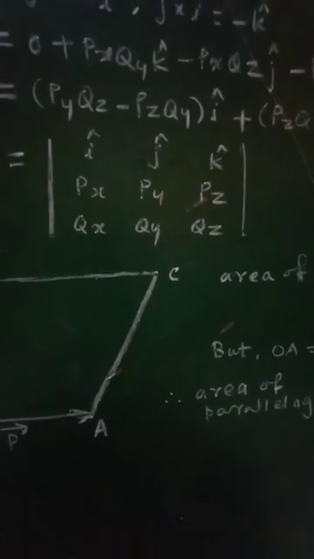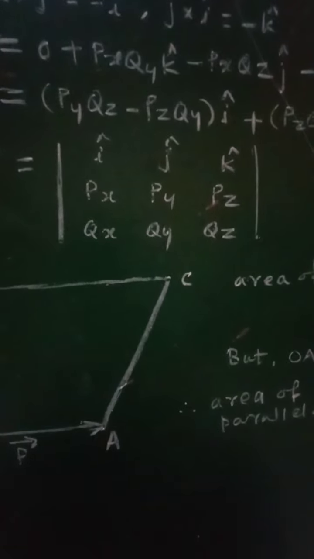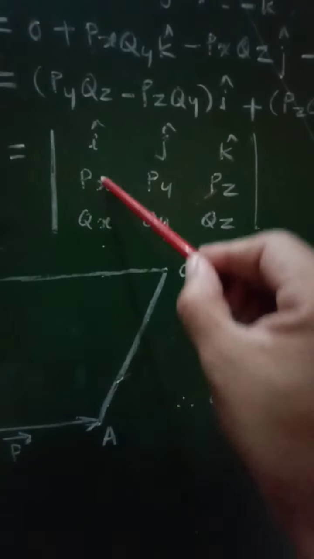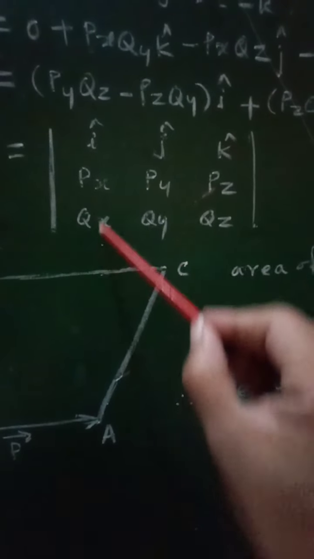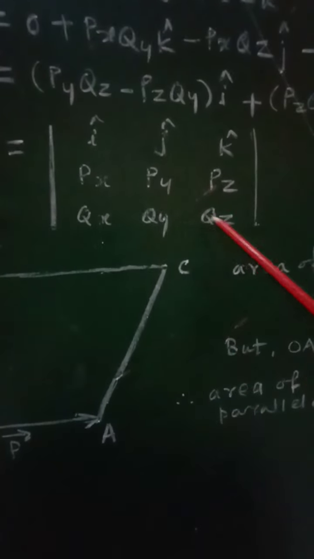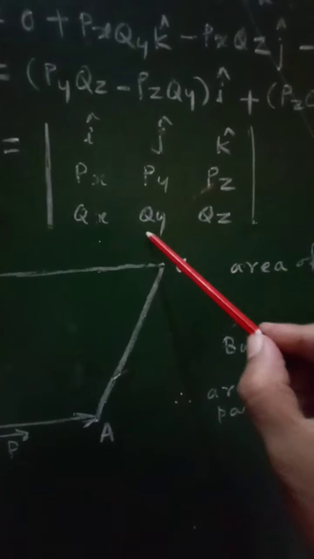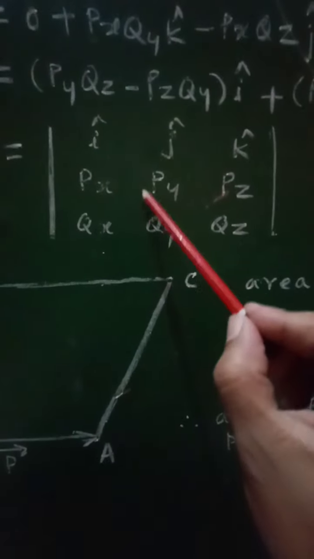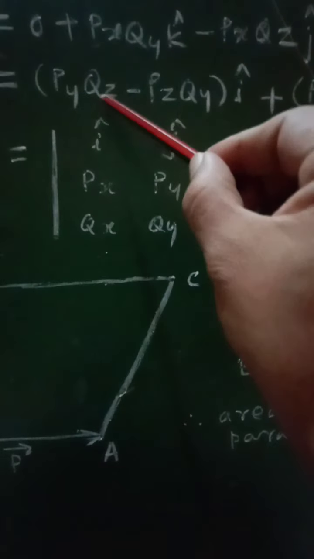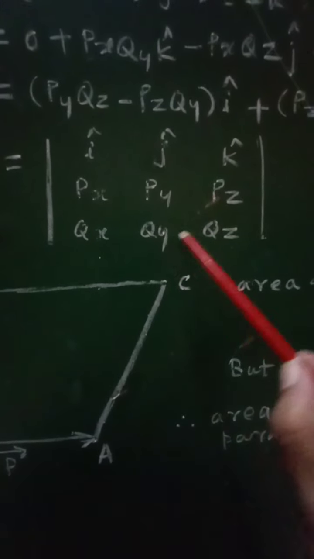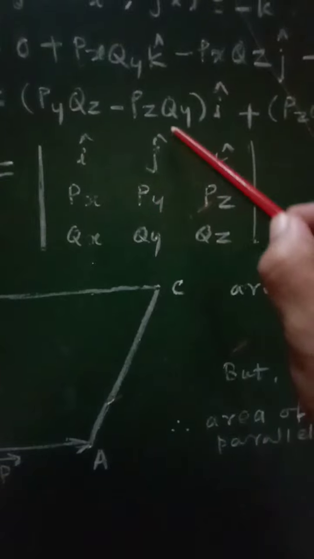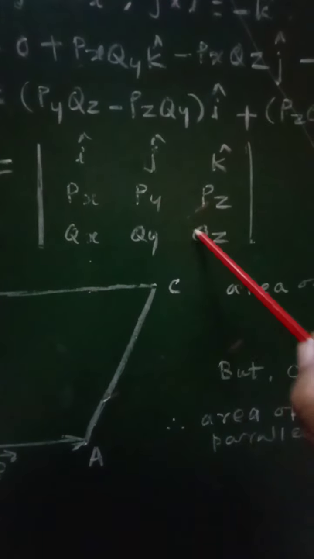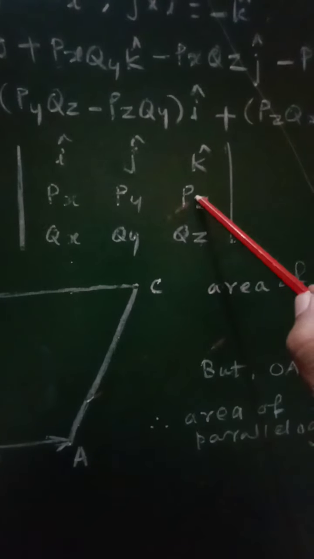Now this determinant will be solved as i, then this row will be cancelled, then take the product of these two minus these two, that is Py Qz minus Pz Qy into i cap.